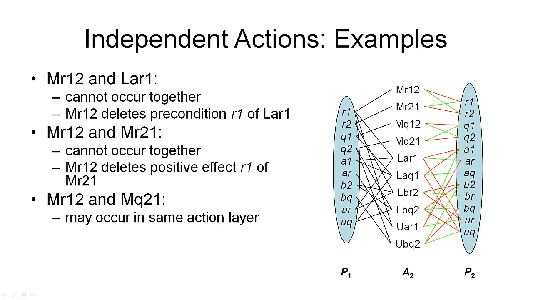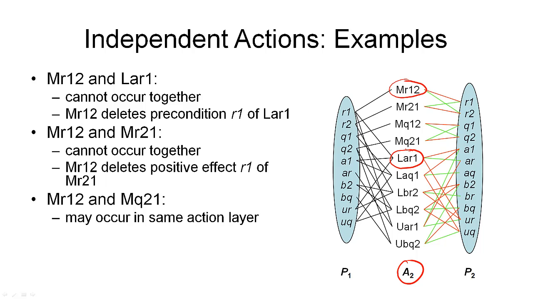Looking at the two actions in this action layer A2 here, we have the action of moving the robot R from location 1 to location 2, and we also have the action of loading container A onto the robot R at location 1.